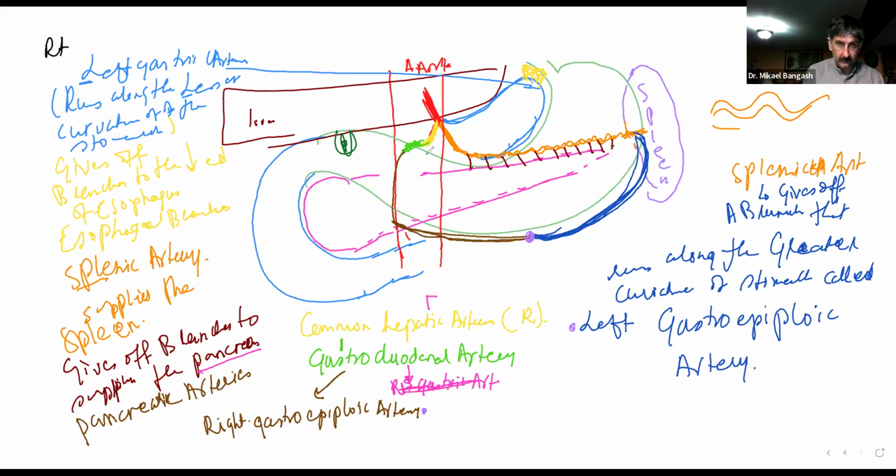That's going to run along the lesser curvature and anastomose with the left gastric artery.